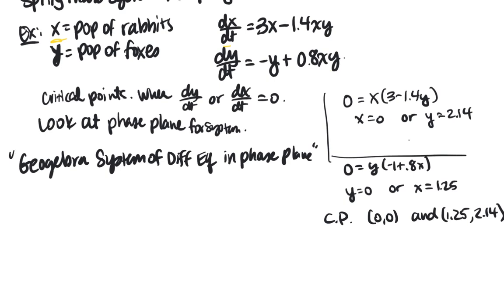If you Google that, you should be able to find this GeoGebra phase plane generator, and you can type in these two equations here, and it will generate the phase plane for you. So the phase plane for this particular system of differential equations looks like that.